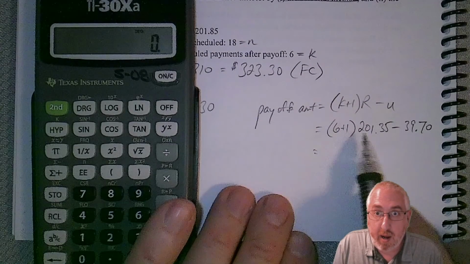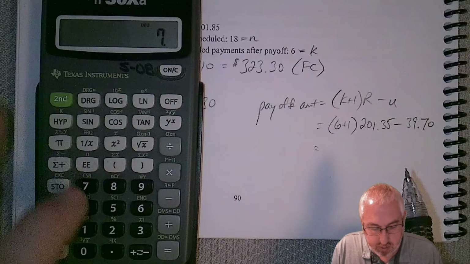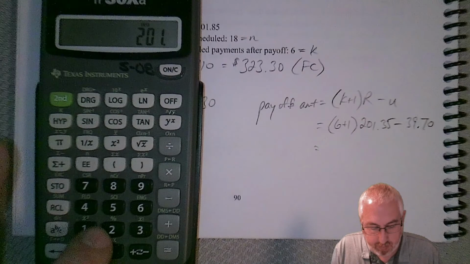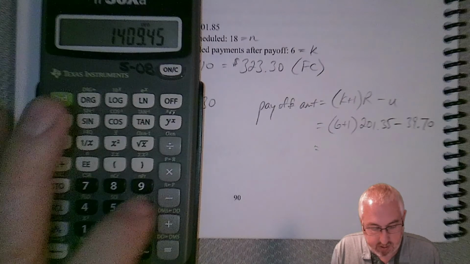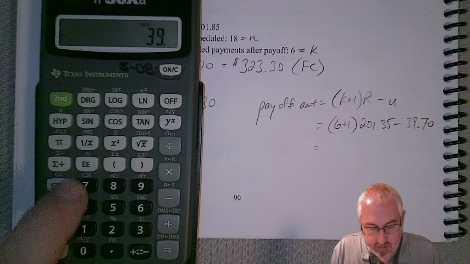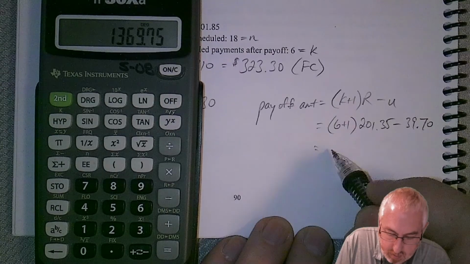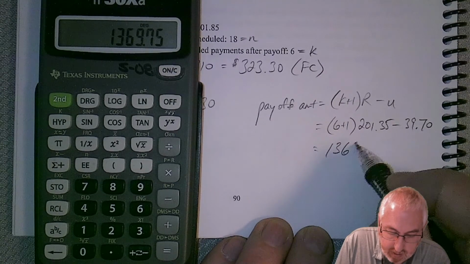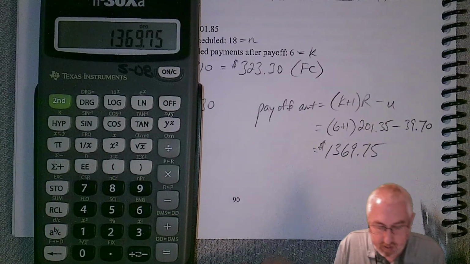So again, let's just do this carefully. If we multiply this first, 7 times 201.35 equals that, minus 39.70. So $1,369.75.